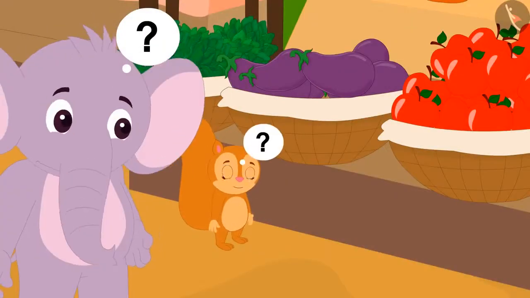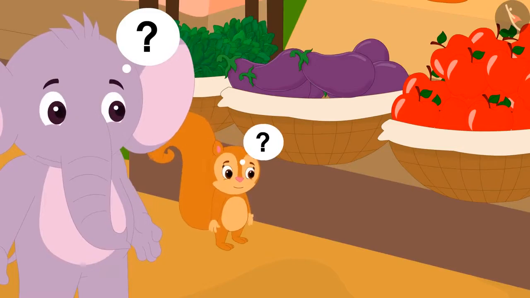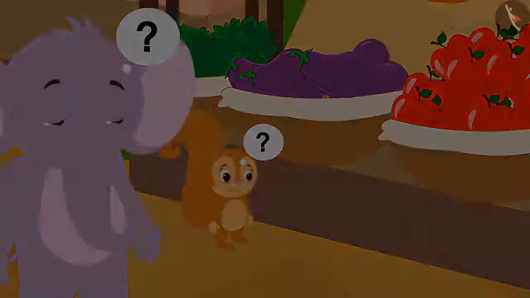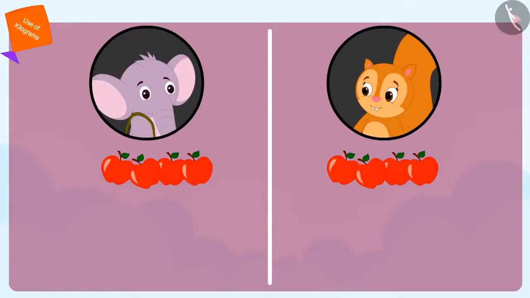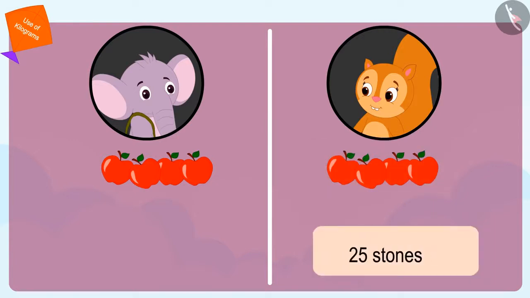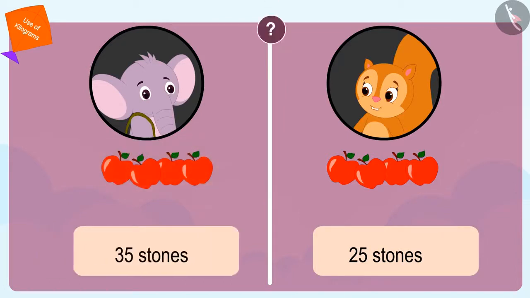Appu and Chanda were both shocked as to how this could happen. Both of them bought 4 apples, yet how can the weight of Chanda's apples be equal to 25 stones while Appu's 4 apples weigh 35 stones?